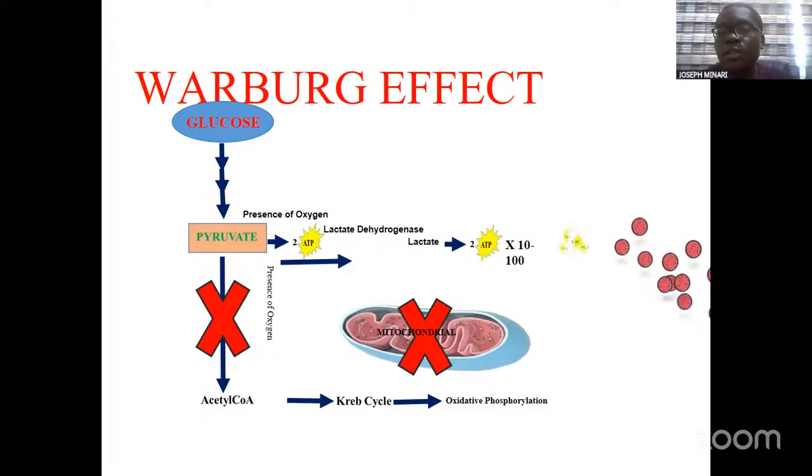And of course, they can now lead to malignancy because a lot of these cells are being produced, a lot of ATP is being annexed, and this ATP is annexed following the glucose that has been broken down to pyruvate and that did not follow the pathway of going through acetyl-CoA to the Krebs cycle to oxidative phosphorylation, but bypassing through lactate dehydrogenase in the presence of oxygen, breaking pyruvate to lactate, thereby causing generation of a whole lot of ATP made available for the cells. And the cells will take advantage of this, and then they will use it to continue to proliferate.